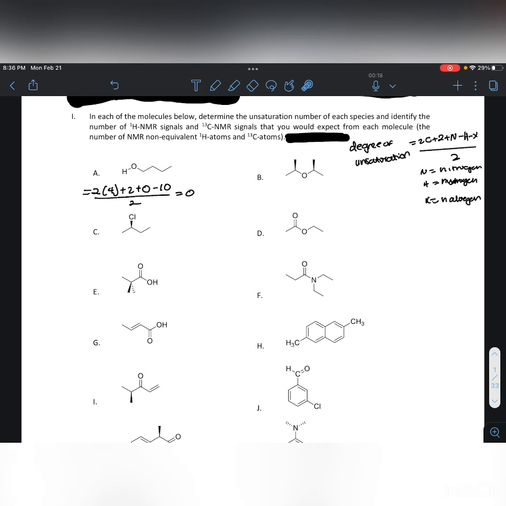Each one of these different types of hydrogens will give rise to a signal. Hydrogens that are in the same environment are grouped as the same and will give rise to one signal in total. So in this case, there should be a total of 1, 2, 3, 4, 5 types of hydrogens, and then the carbon should be 1, 2, 3, 4.